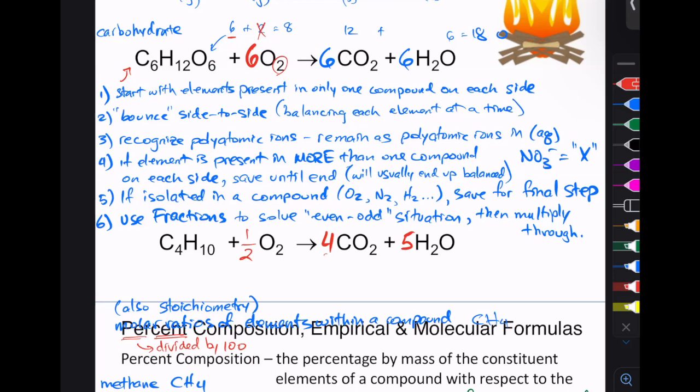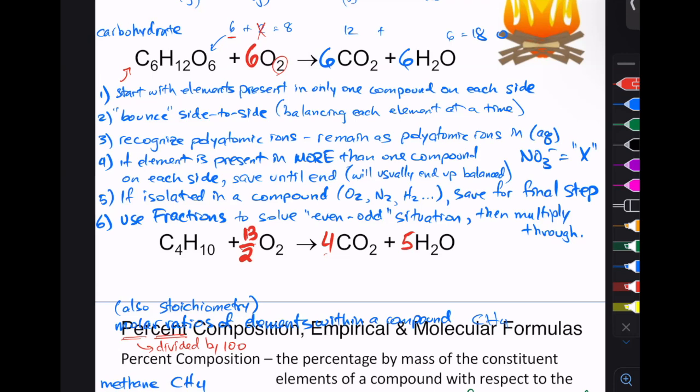It's 2, right? So if I take half of a mole of molecular oxygen, that gives me 1 mole of oxygen, okay? So we want 13 moles of oxygen in the end. So we need 13 halves for our fraction. If it's 13 halves of O2, how many moles of oxygen is it? It should be 13. But now I've got to get rid of the fraction.